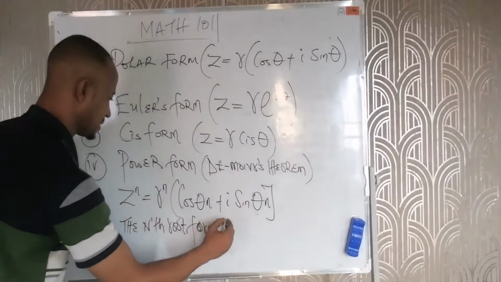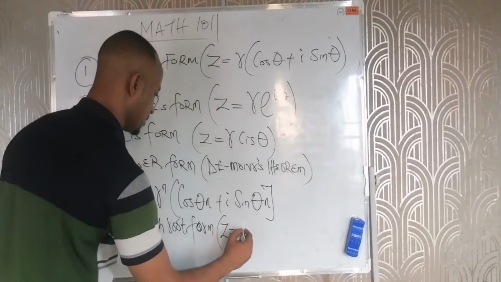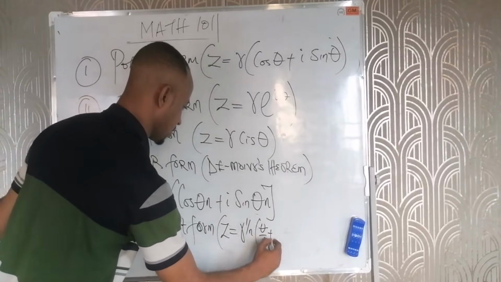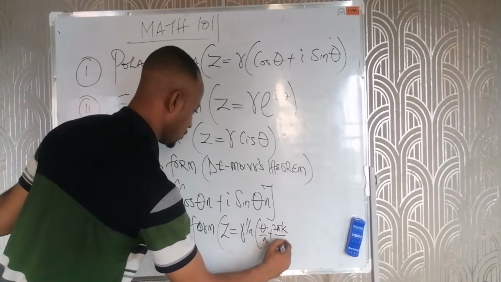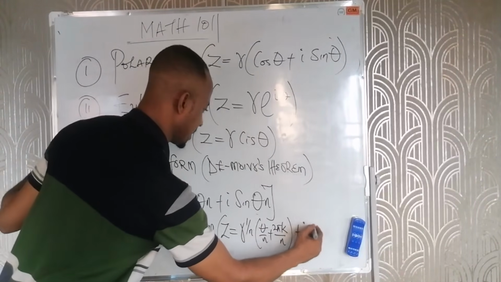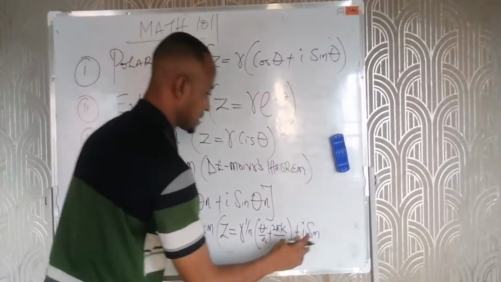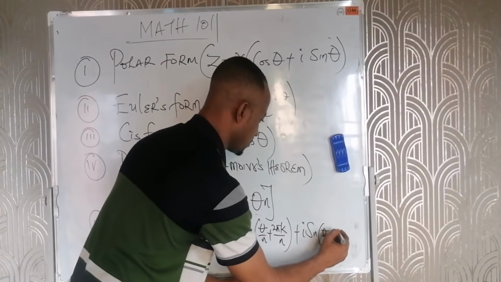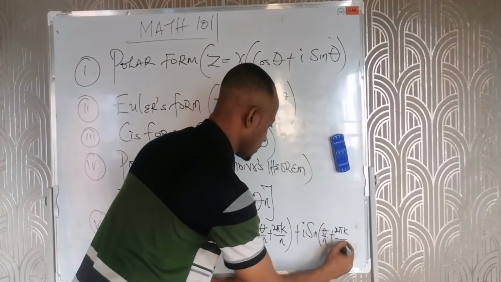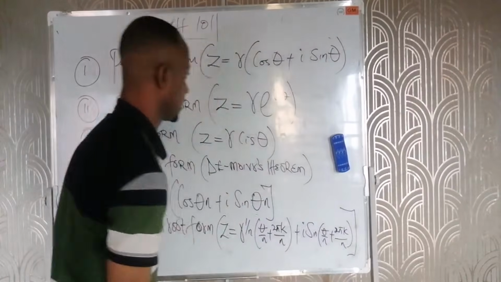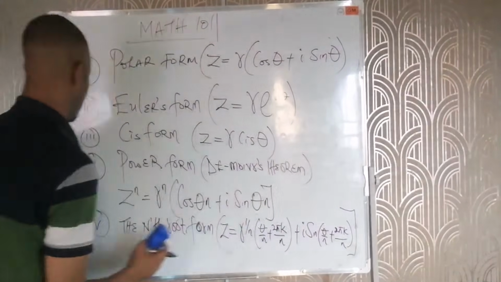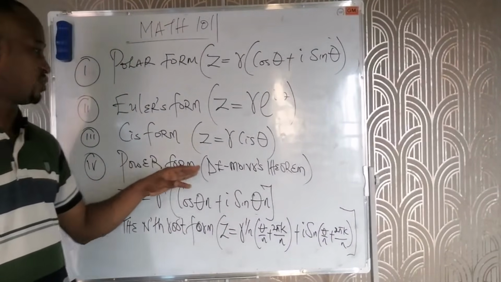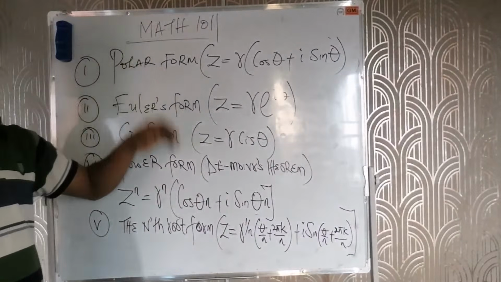That form is given as z equals r raised to power 1 over n, times cos of (theta over n plus 2 pi k over n) plus i sine of (theta over n plus 2 pi k over n). Then after all of these forms, we also look at how to divide and how to multiply polar forms of complex numbers.